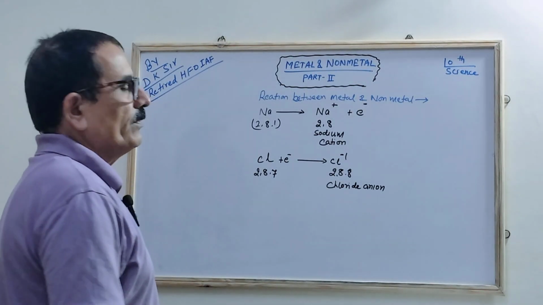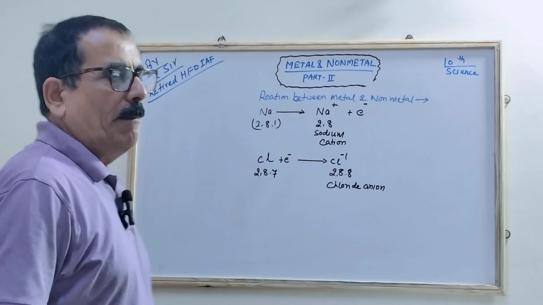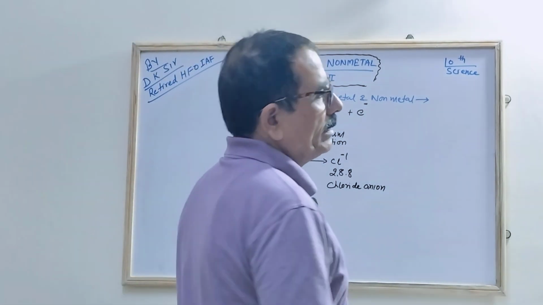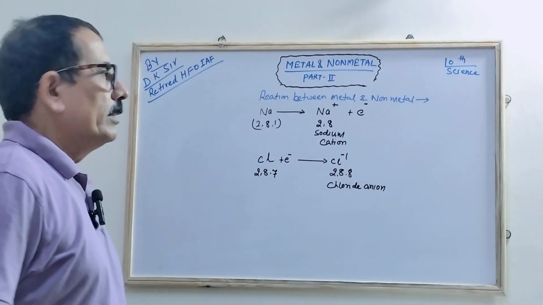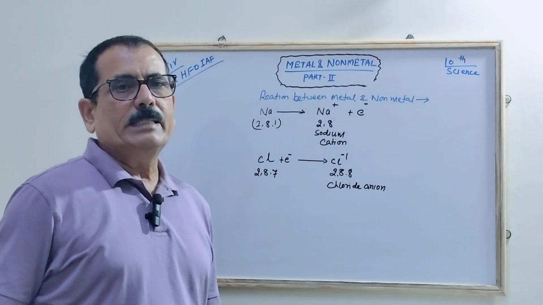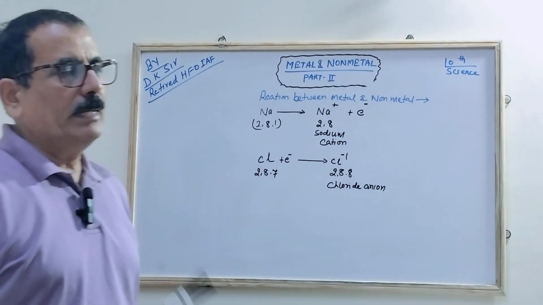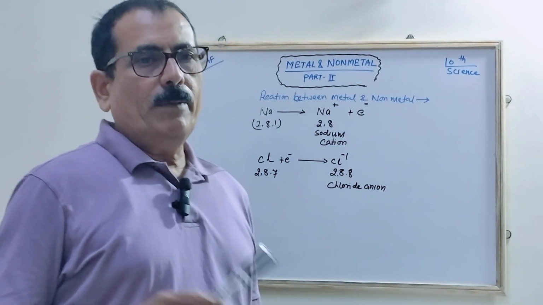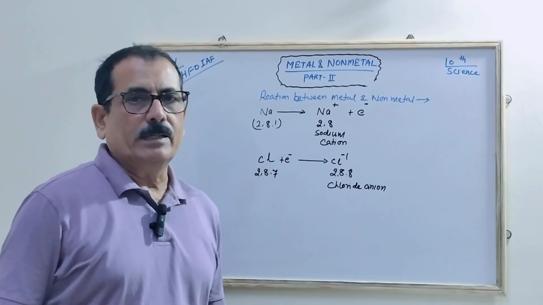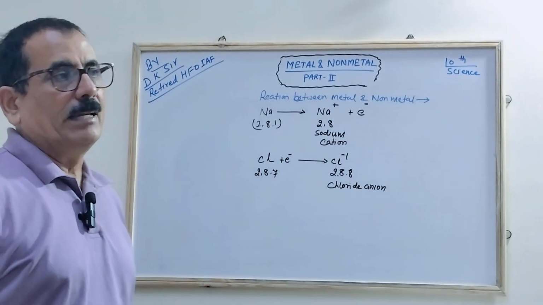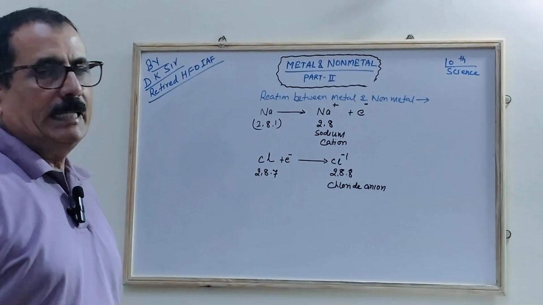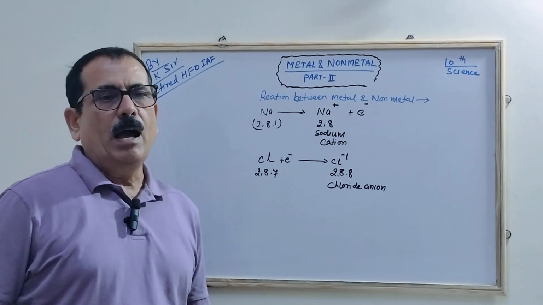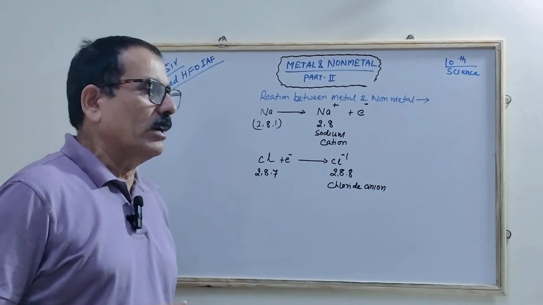Next property we will see is the reaction between metal and non-metal. Gentlemen, normally we understand that a metal is a donor and a non-metal is an acceptor. Donor means which can donate easily, which can release the outermost electron with less energy.